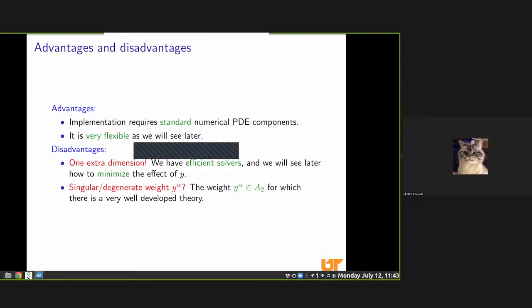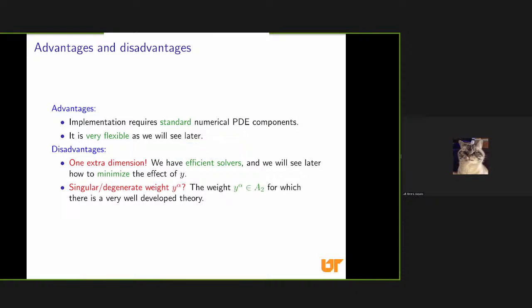But we have ways of mitigating this, and I will mention some of this in a little bit. There's also the issue of this degenerate or singular weight, but that is also under control with the fact that this weight is in some very particular class.